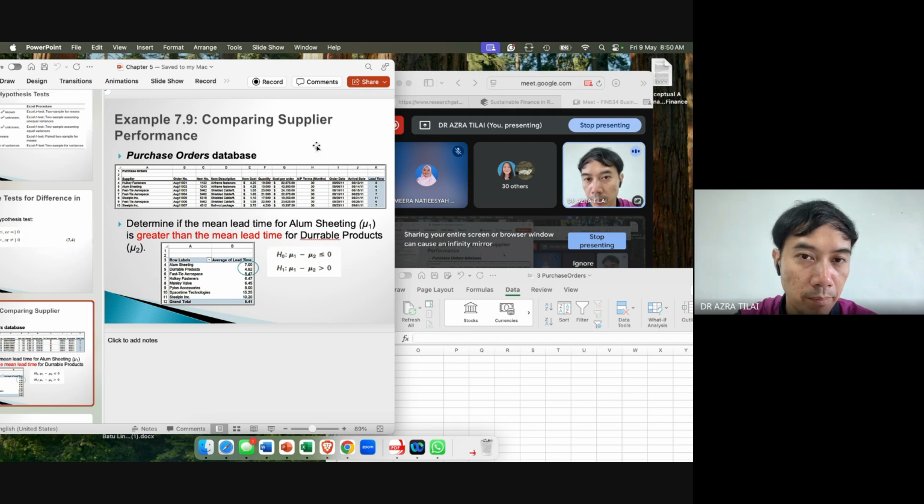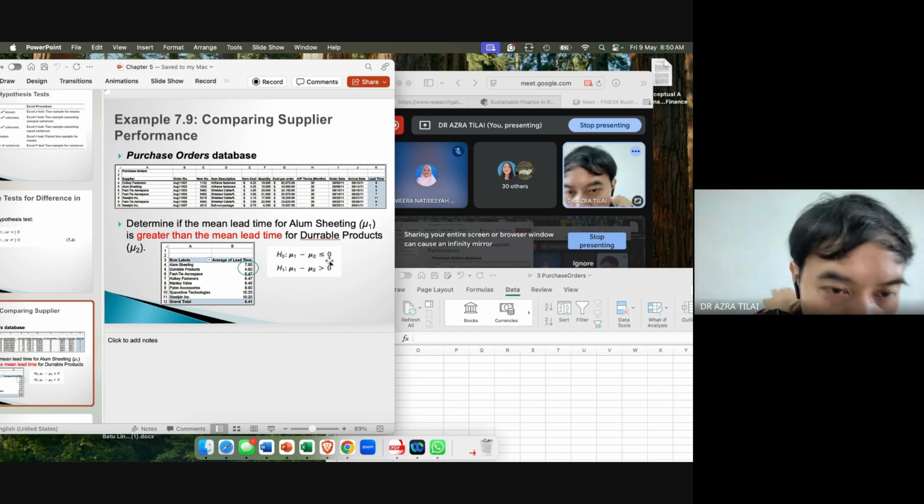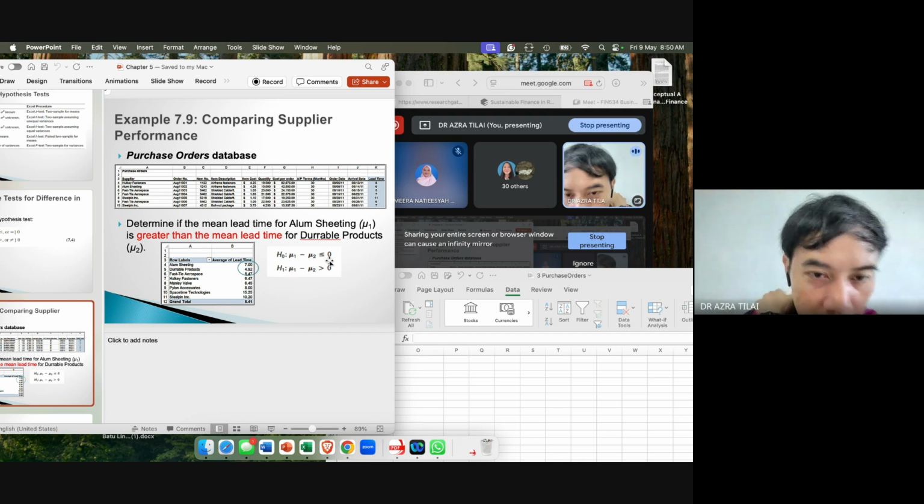So you want to compare the supplier performance. All right. So we have a purchase order database, and then determine if the mean lead time for aluminum sheeting is greater than the mean lead time of durable products. Aluminum sheeting, durable products.